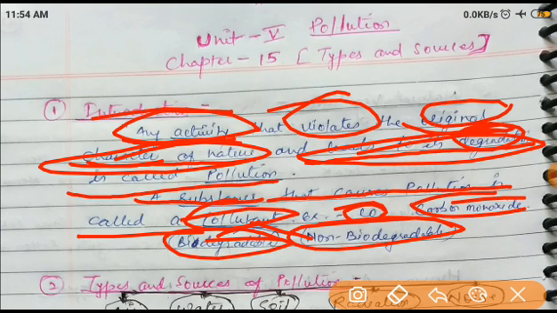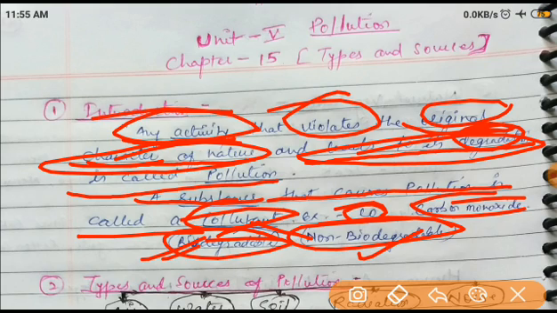Biodegradable means the material which can degrade and be converted into a usable thing. Non-biodegradable means it cannot degrade or change by any microorganism's activity or any activity, and it remains as it is for a longer period of time. That's why it is very harmful.